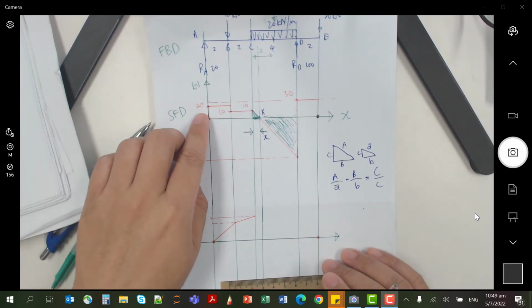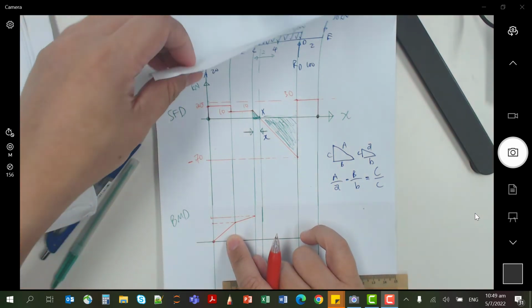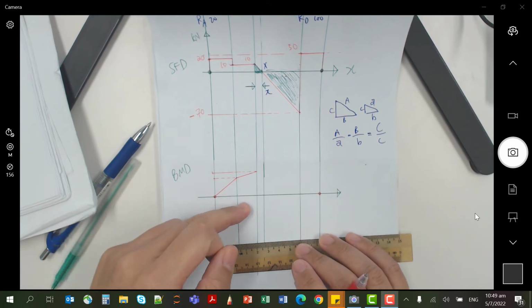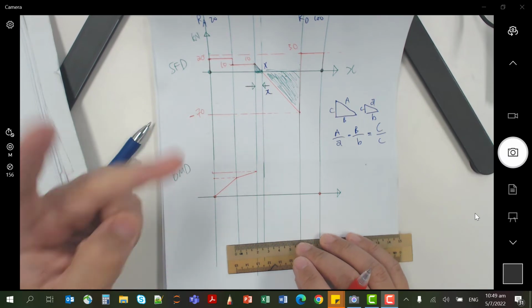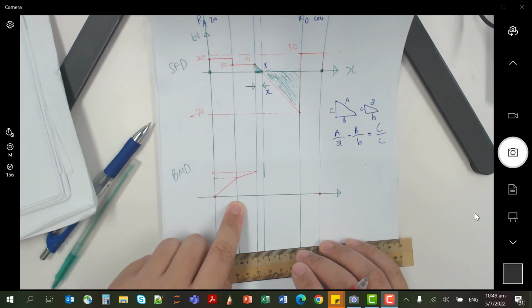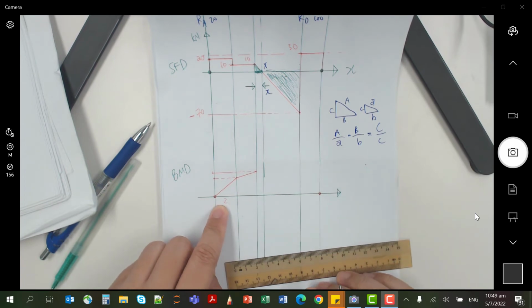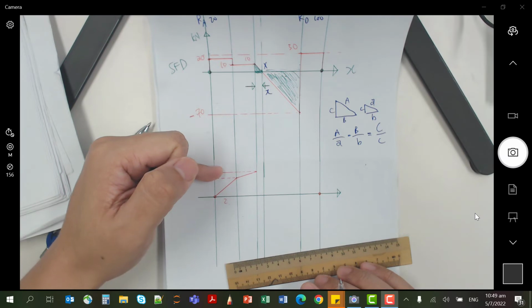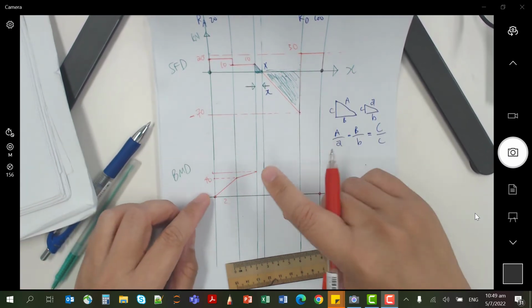If my slope is 20 here, it means for every meter I move from left to right, I will increase by 20. So by the time I hit B, which is 2 meters, I will have 20 and 20. So this bending moment is 40.